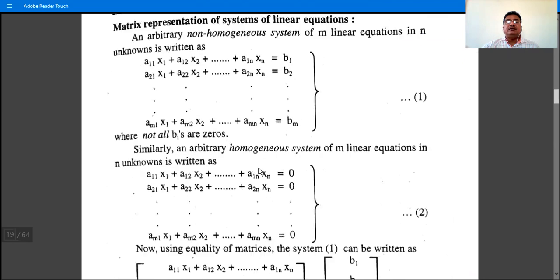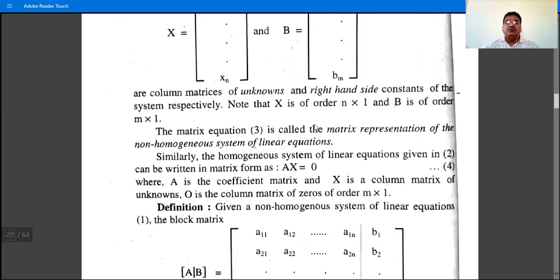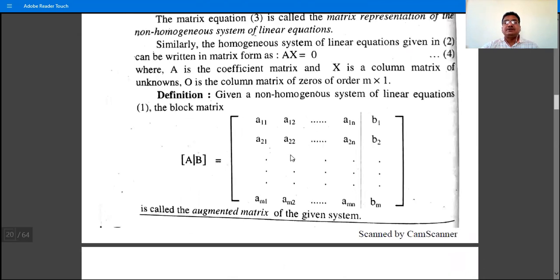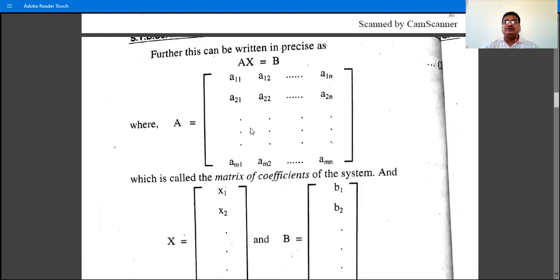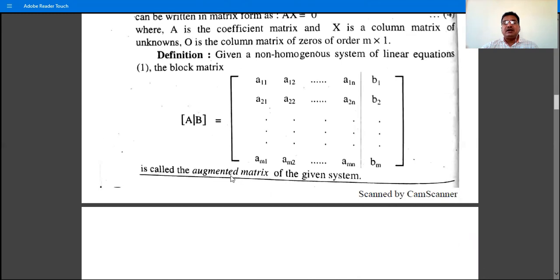So we can write a matrix form of every linear homogeneous as well as non-homogeneous equation. Then the combination of this matrix A and B is called the augmented matrix.